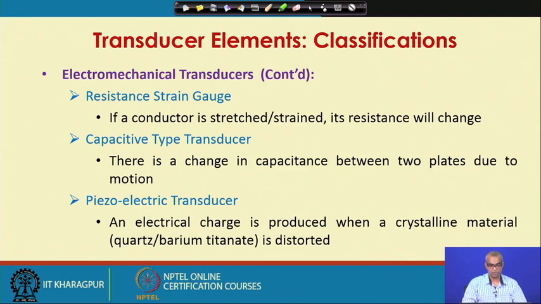And piezoelectric transducer: an electrical charge is produced when a crystalline material such as quartz or barium titanate is distorted or force is applied. So, this is the principle for piezoelectric transducers working.